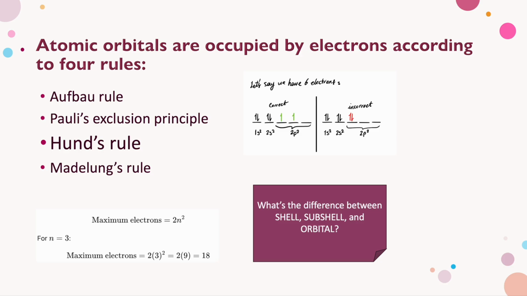The number of orbitals in the 2p subshell are 3 because the m subscript L, do you remember what was the name of it? Good job, magnetic quantum number. Its value is -1, 0, and +1. So we have 3 orbitals in the 2p subshell. And the maximum electrons in 2p subshell are 6 electrons. Okay?